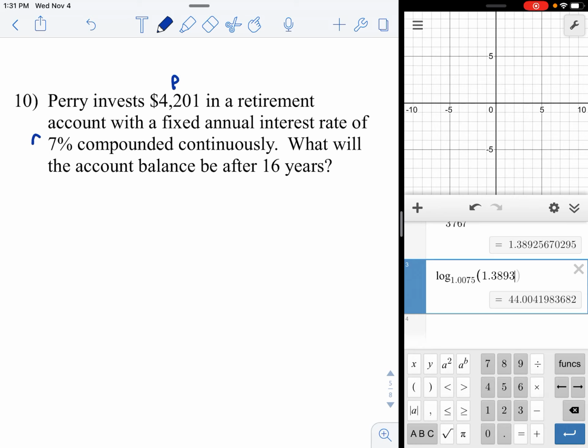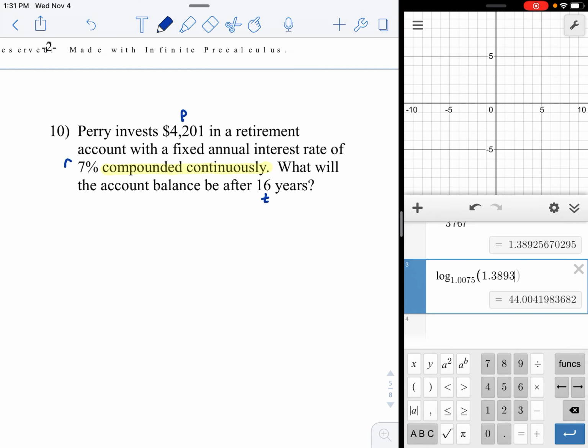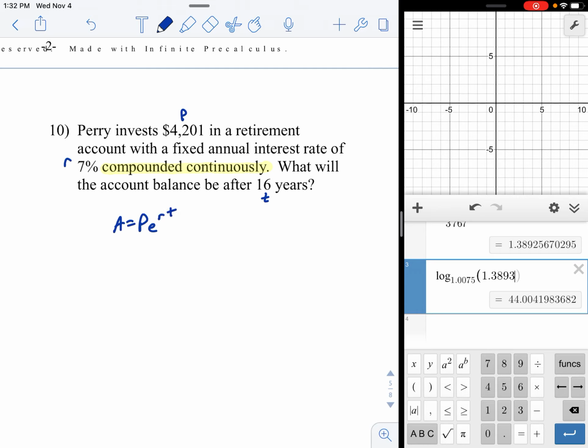What will the account balance be after 16 years? That's time. What's so different? Well, here we see compounded continuously. They don't give us an N number, but they do use the word continuously. That tells us we need to use the other formula, A equals P e to the rt. We're solving for A, the account balance.